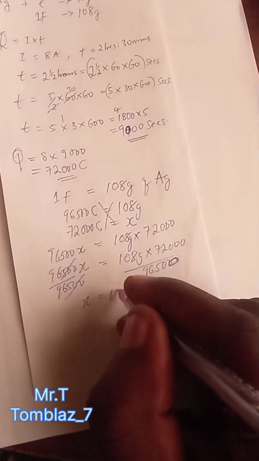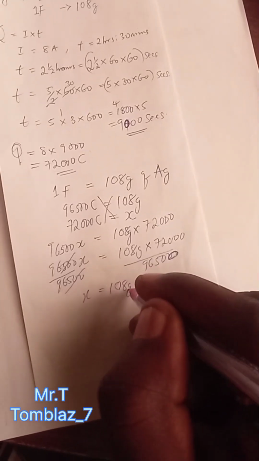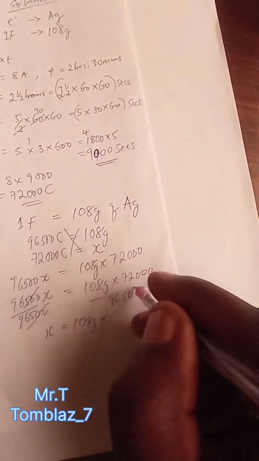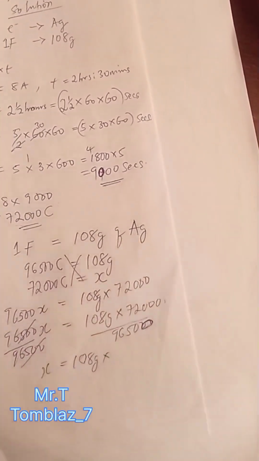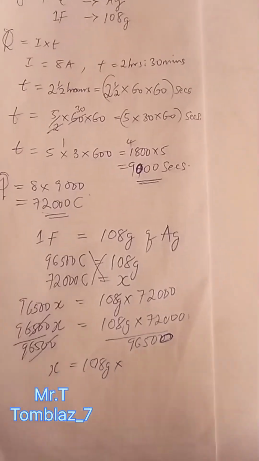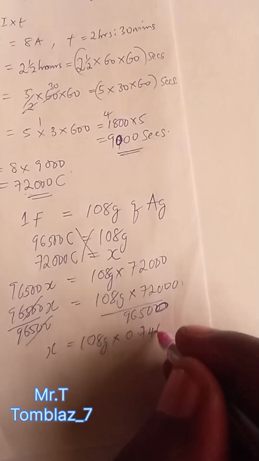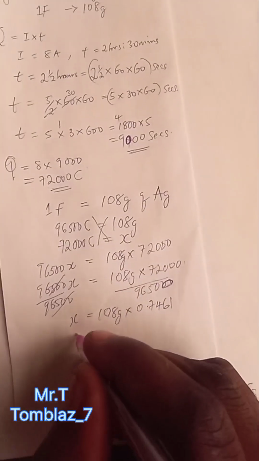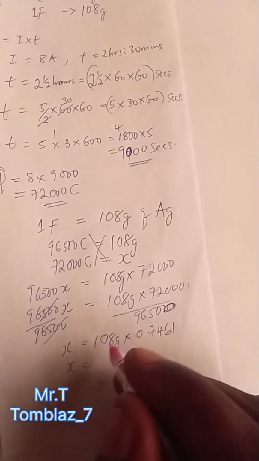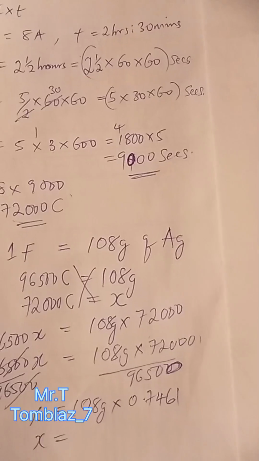All right, so x is equals to 108 grams times, let's do this value divided by this value to see what we're going to get. So it's going to give us 0.7461. So let's multiply this value now by 108.